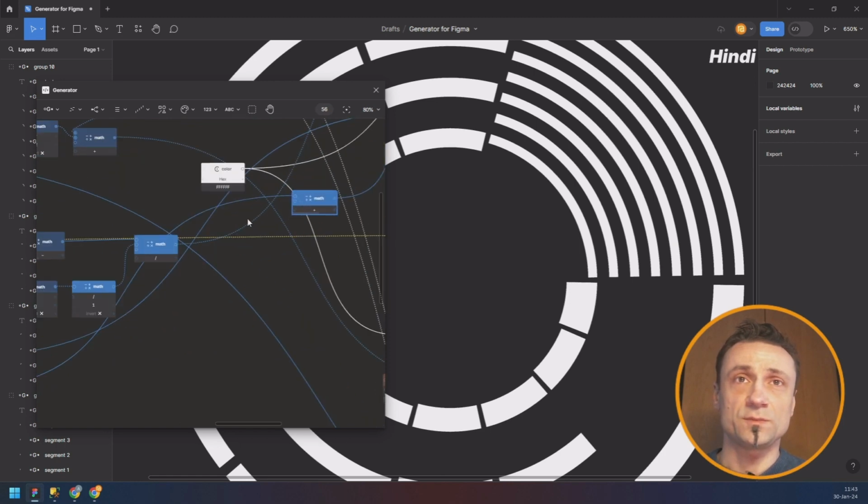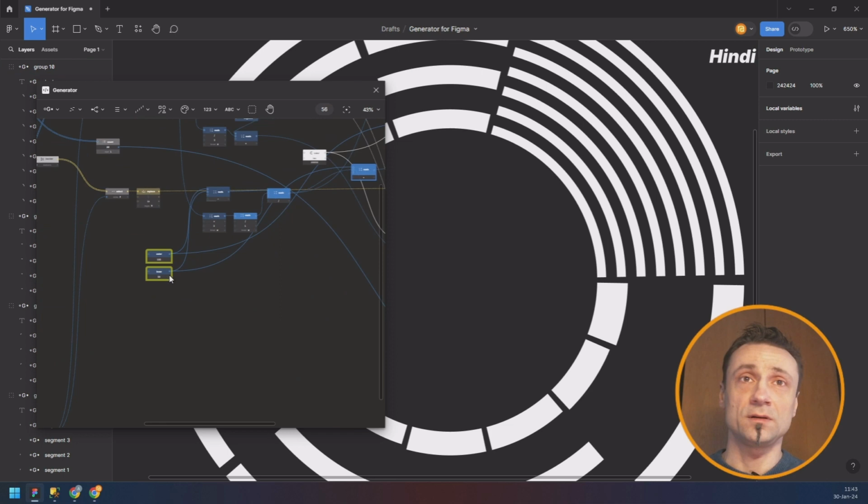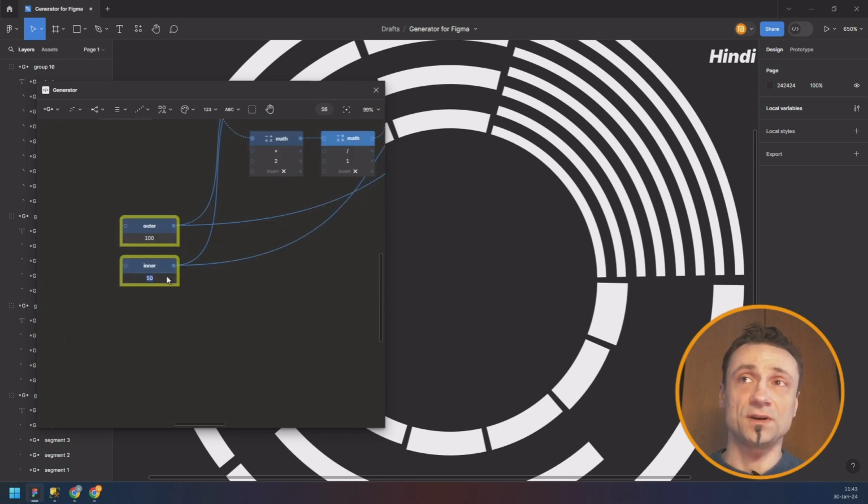And then I will subtract a width of a segment. So now you can see that they all end on the same point defined over here, regardless of the width of the segments and the number of the segments.